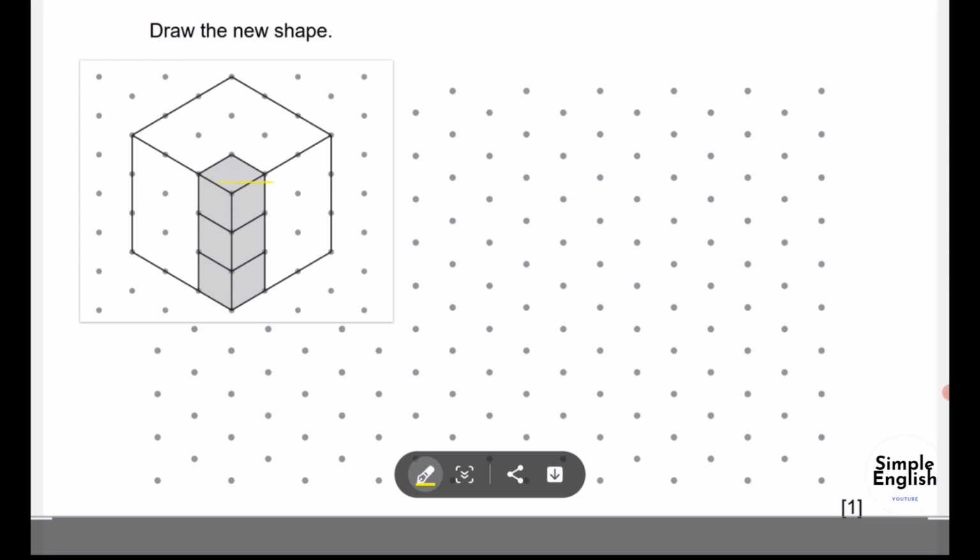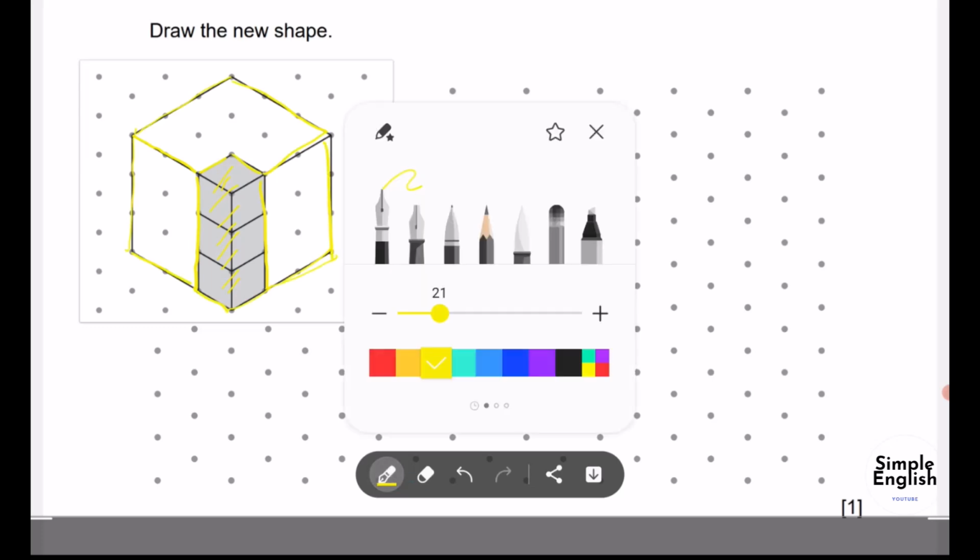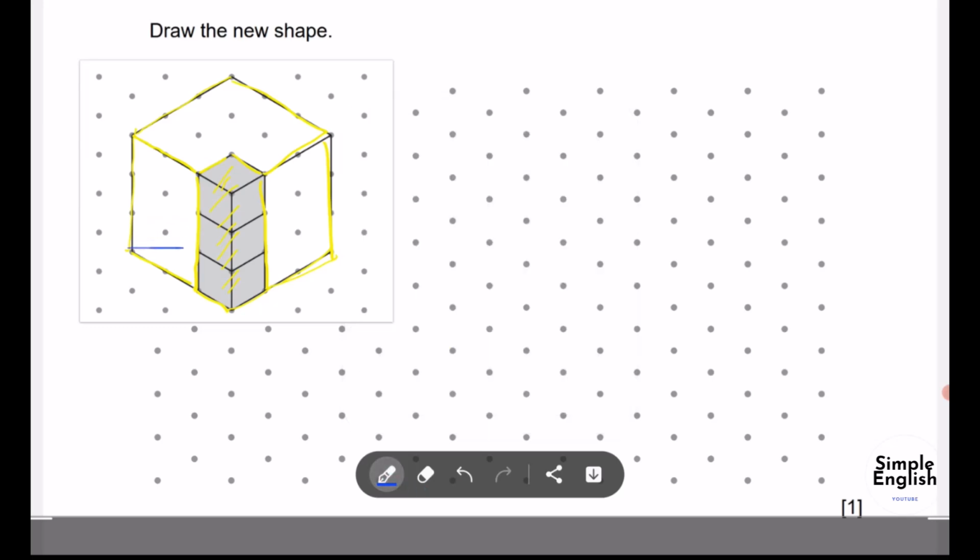So, okay, we need to remove this one, right? Remove the 3 cubes out. So the new shape must be this one. Okay, so then we just redraw it. Let's see. This one, 1, 2, 3. So 1, 2, 3. 1, 2, 3. 1, 2.